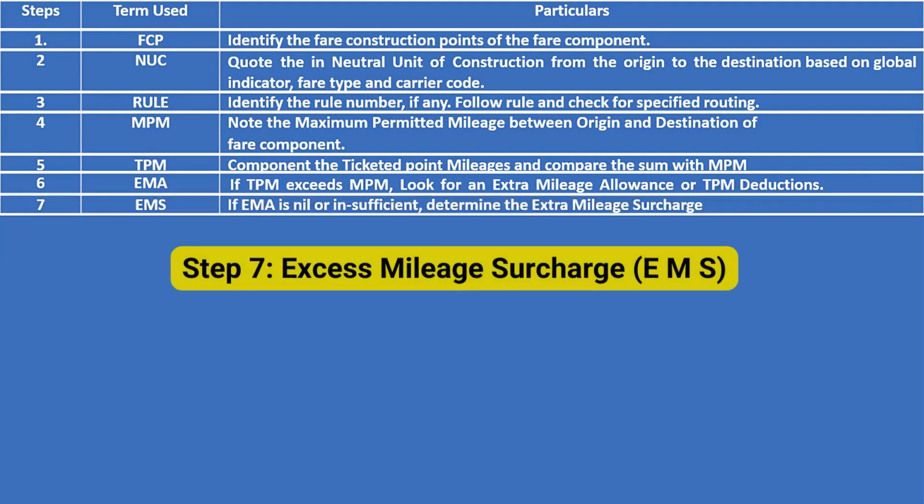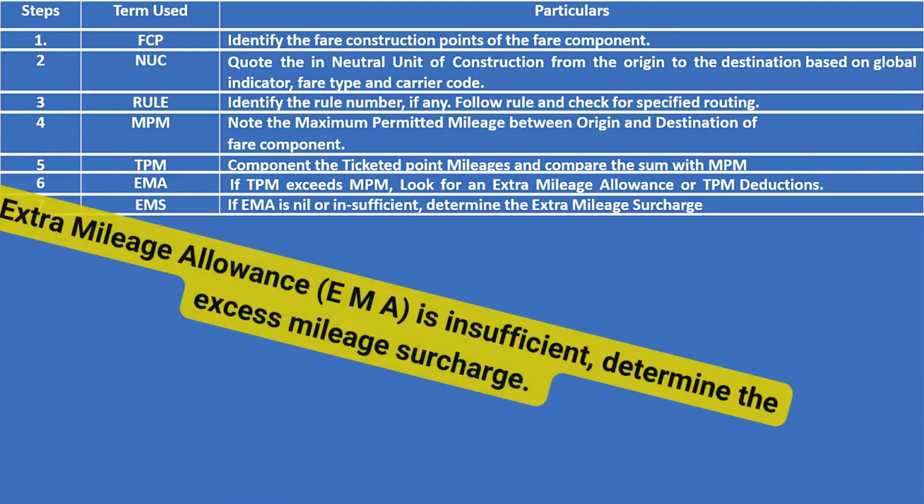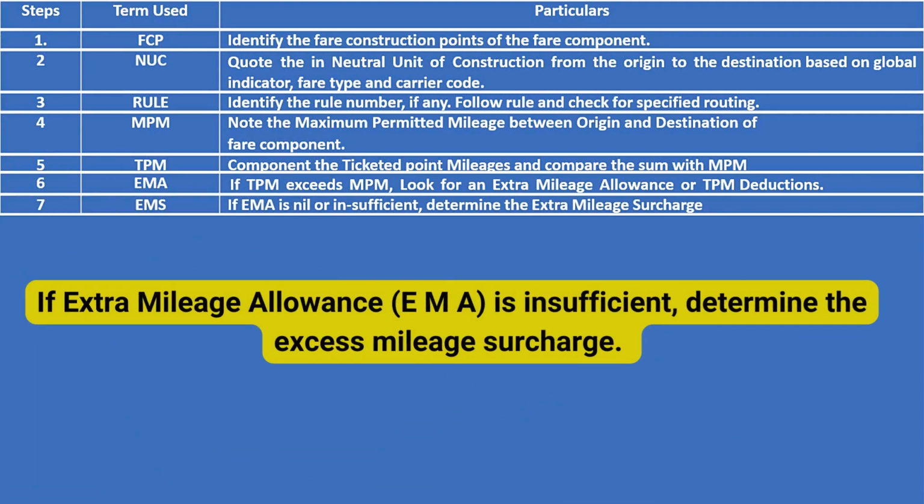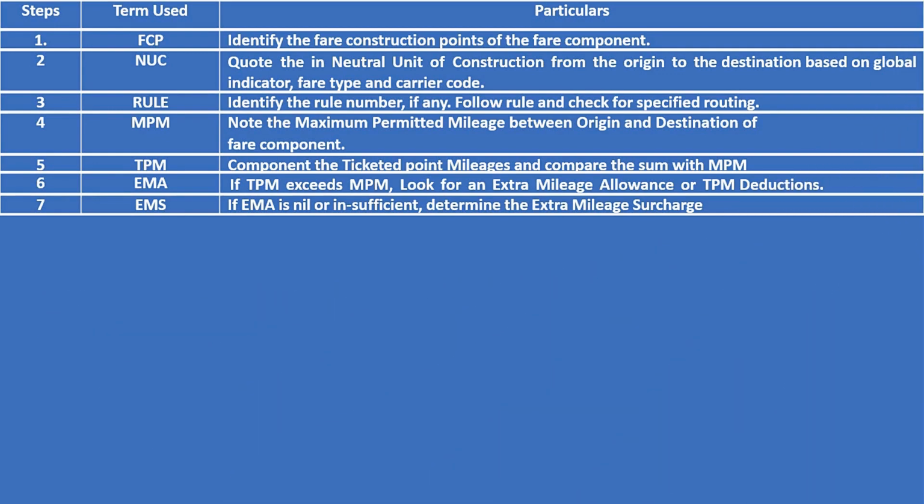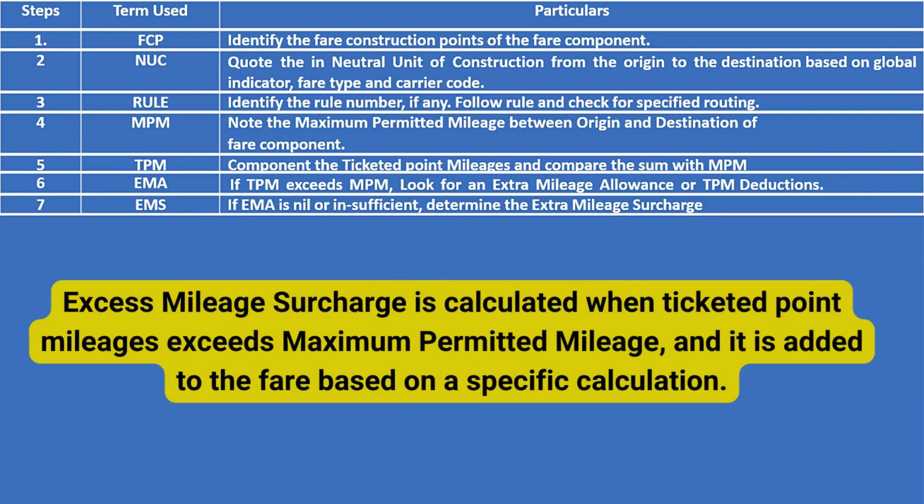Step 7. Excess Mileage Surcharge, EMS. If extra mileage allowance, EMA, is insufficient, determine the excess mileage surcharge. Excess mileage surcharge is calculated when ticketed point mileage exceeds maximum permitted mileage, and it is added to the fare based on a specific calculation.